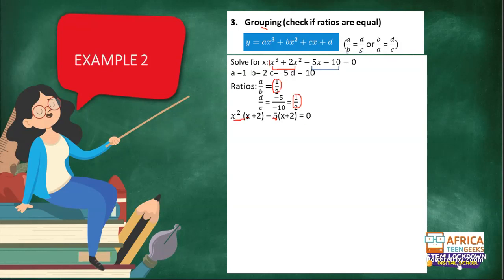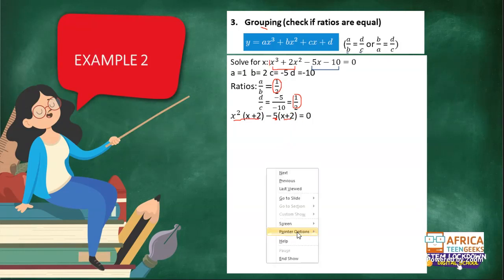Then you do the same thing with this term. Because you want to have an x plus 2, then you'll factor out x squared. Then you'll have x squared into x plus 2. So x squared times x, it's x cubed. X squared times 2 is 2x squared. Okay. Then you have an x plus 2 that's appearing in both terms.